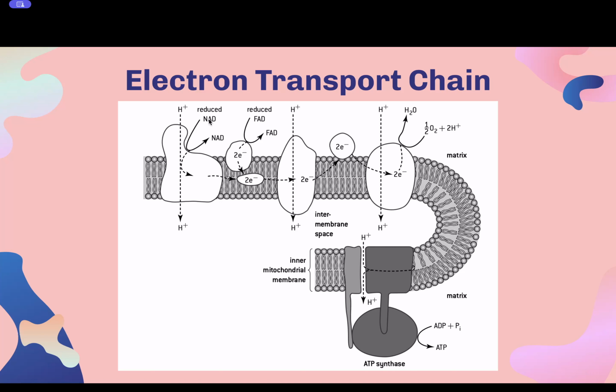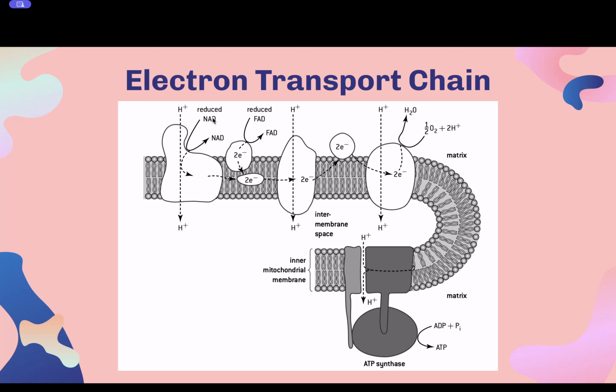In the first one, reduced NAD gets converted into NAD and H plus ions. The H plus ions are pumped through, and the electrons that are released from the reduced NAD are then transferred through the protein. The energy comes from the reduced NAD.